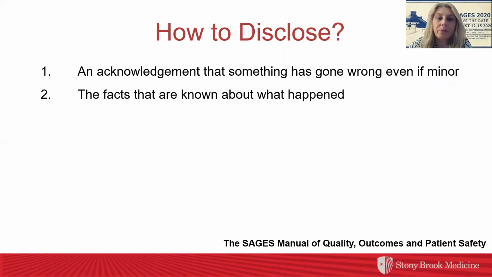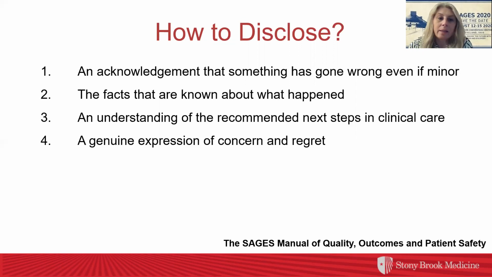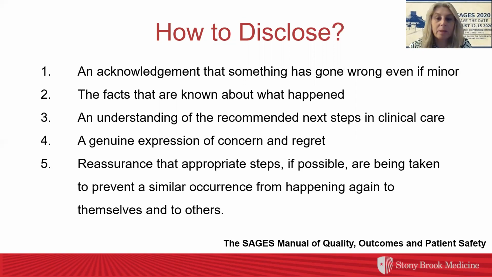Make sure that the patients also understand the facts of the case and express a genuine concern and regret for what has happened. Reassure the patient that appropriate steps are taken to prevent a similar occurrence from happening again to themselves or others, and decide who will take primary responsibility for following up with the patient, as this can be ambiguous in some instances.